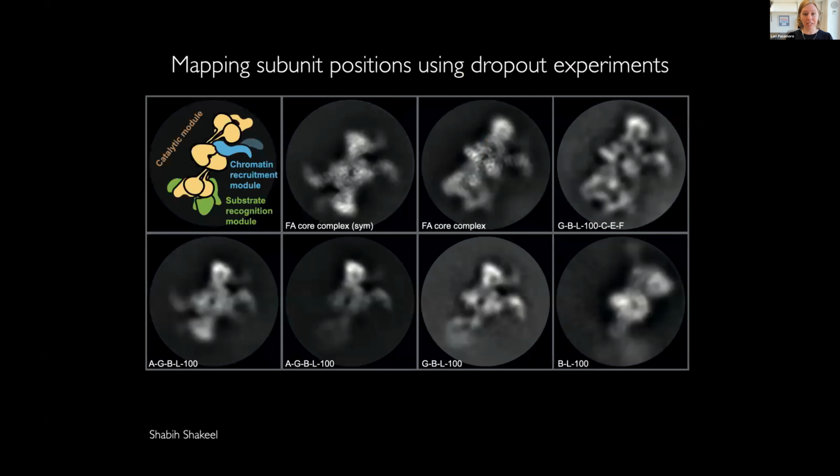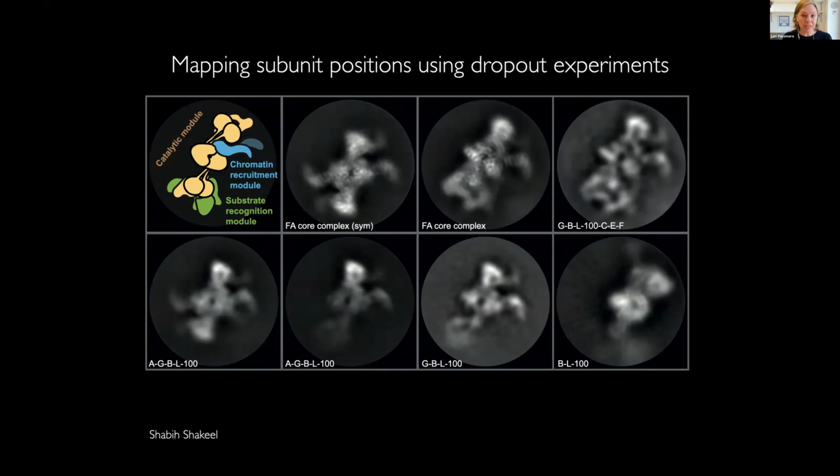So the first thing we did was to assign subunits to specific regions of the map. We purified and imaged some subcomplexes using cryo-EM. And so by comparing the 2D classes of these subcomplexes to those of the complete FA core complex, we could identify regions that were missing and therefore corresponded to the missing subunits.